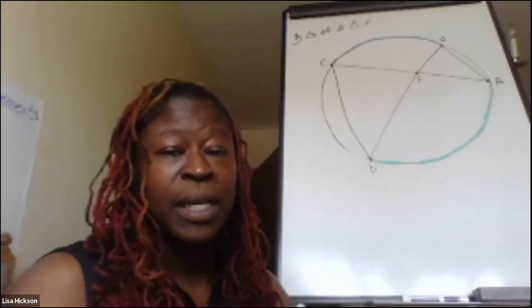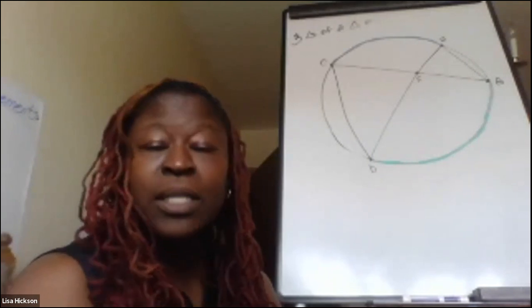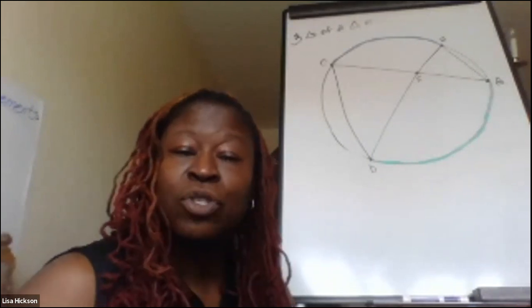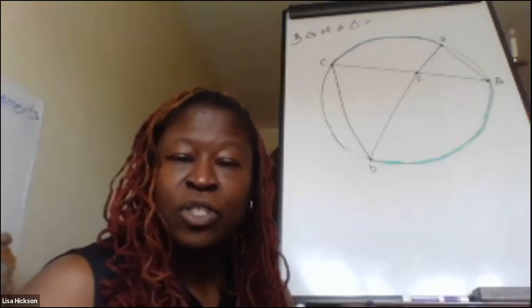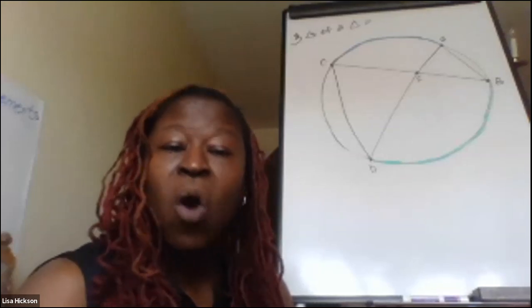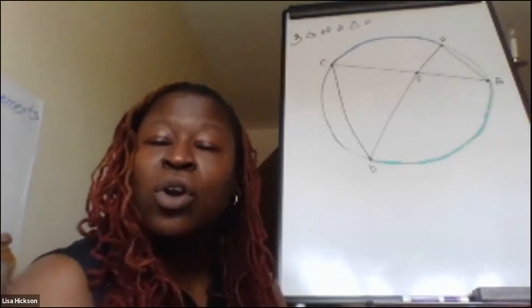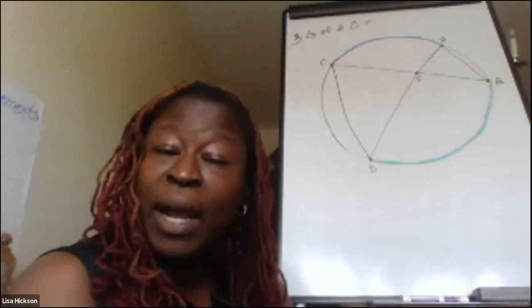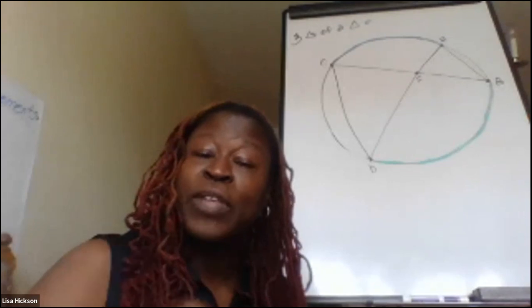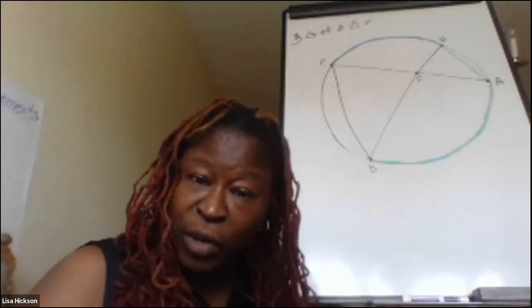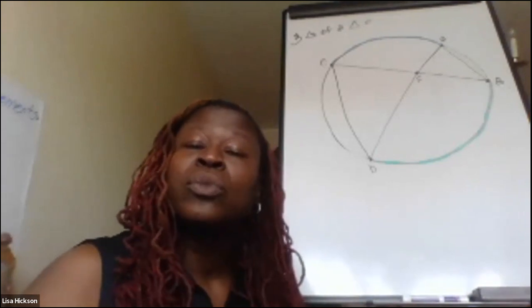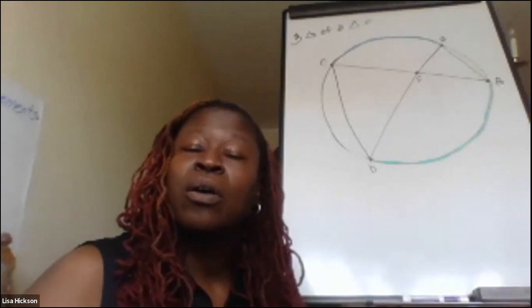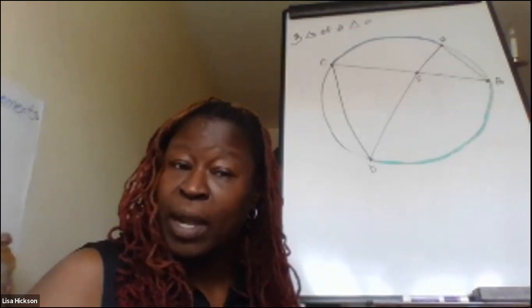Okay, so again, our task is to prove that the two triangles, the triangle CFD and the triangle EFB, are similar. And we are going to do that by trying to prove that the measure of the three angles that make up this triangle are equal to the measure of the three angles that make up this triangle.